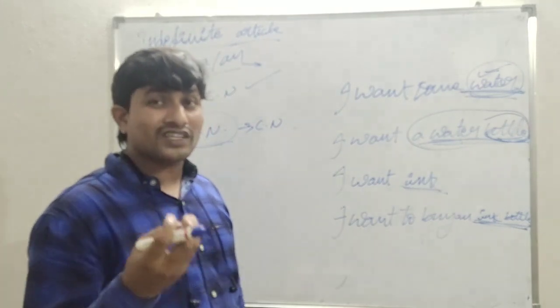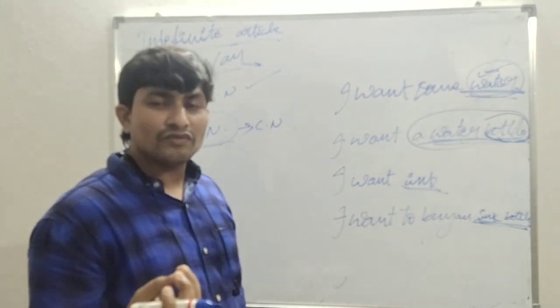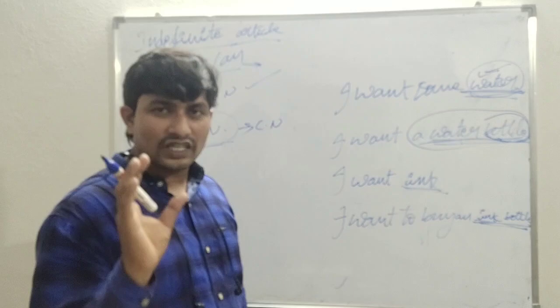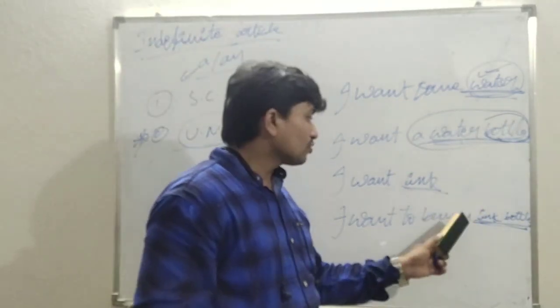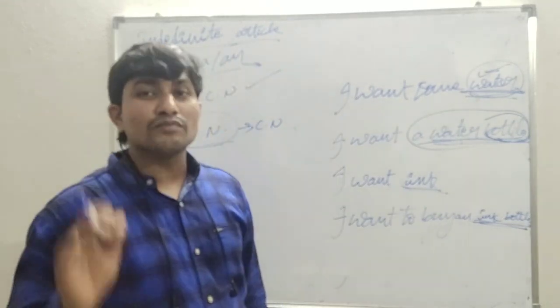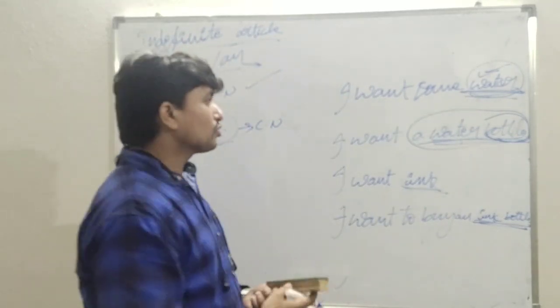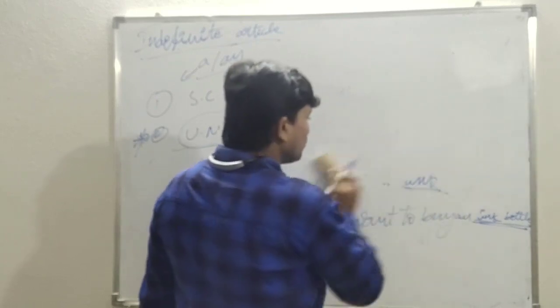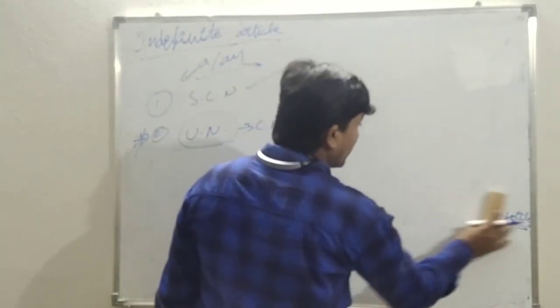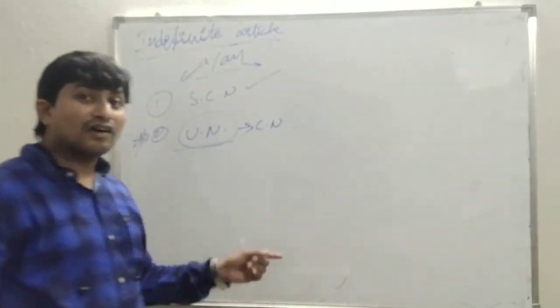I have already told you what a compound word is: a combination of two words. So that's why it is known as an ink bottle. Did you understand? In this way we can use the indefinite article in front of uncountable nouns also. But it is not known as an uncountable noun.